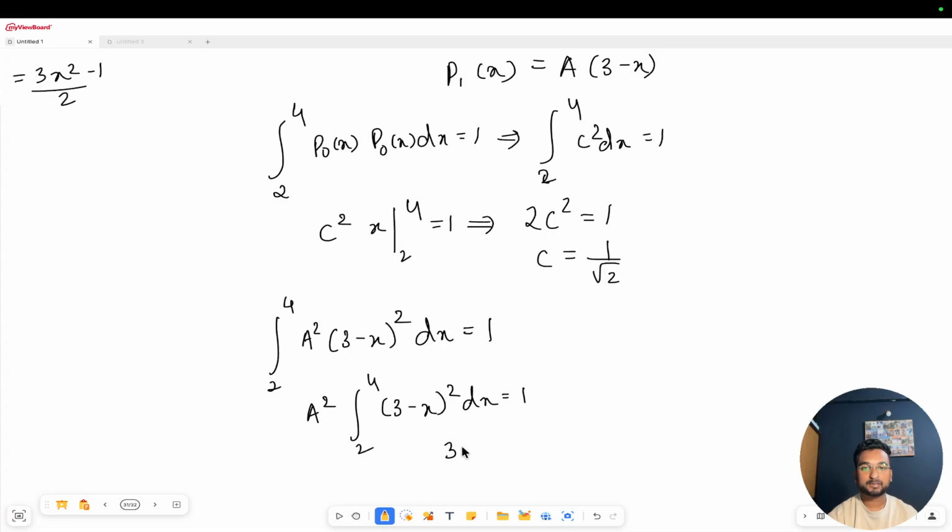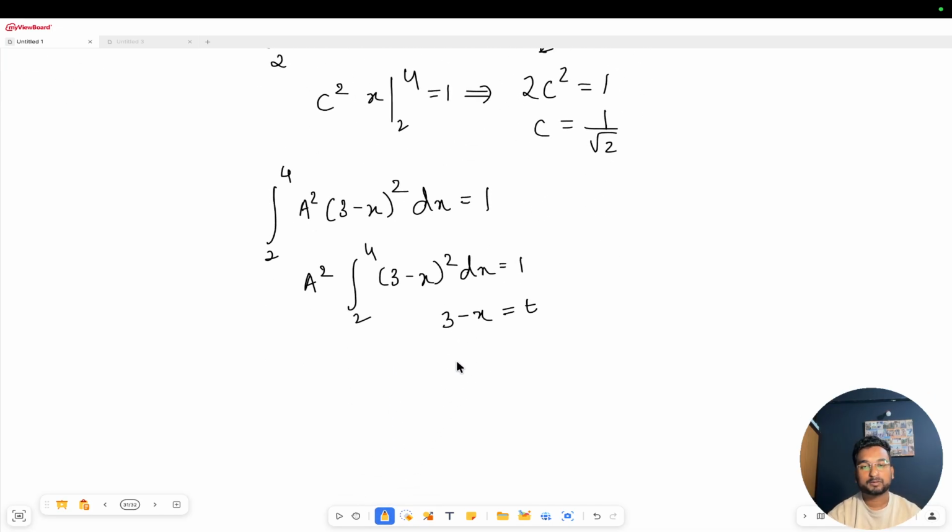Let us take 3 minus x as t. So what you will get? dt equals to minus dx. And your limit: when x equals to 2, t will be 1, and at x equals to 4, your t will be minus 1.